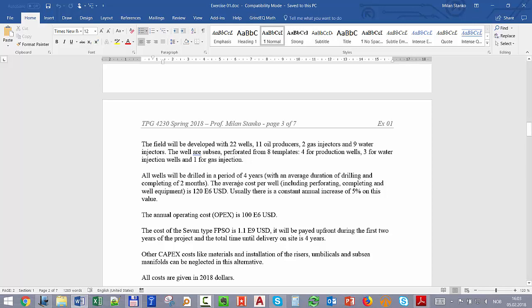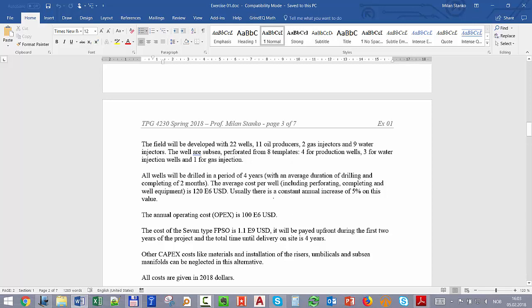So here I say, to make it simple, perforating, testing, completing and well equipment is 120 million for each well, and I don't make any distinction between producer and injector, which is not exactly correct, but an approximation to make your life simple.